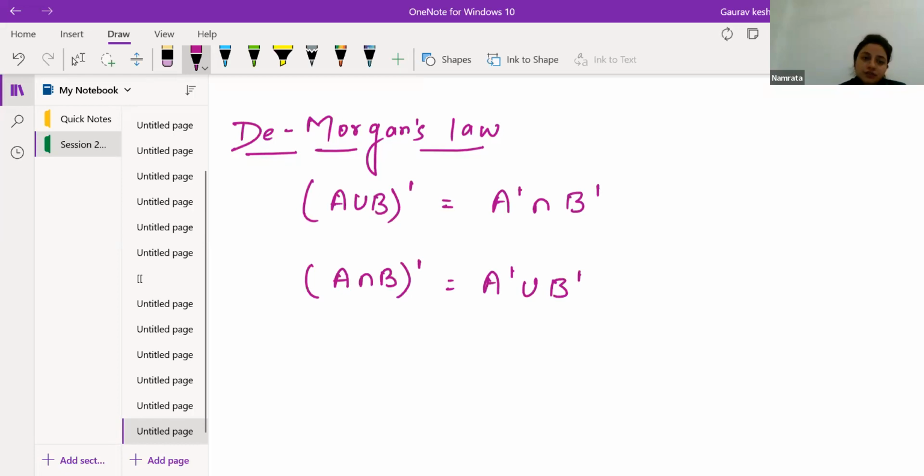Here we can check this law by taking an example.